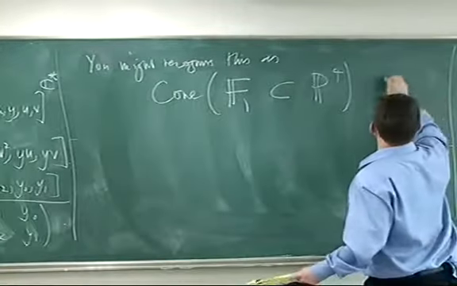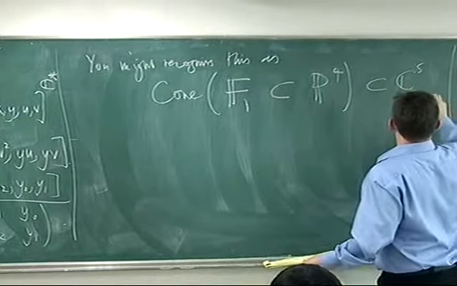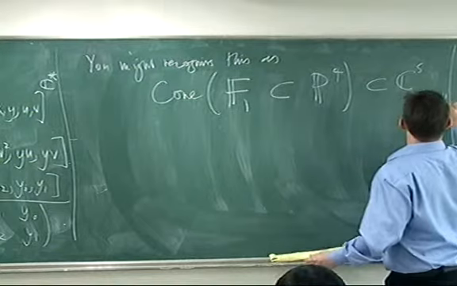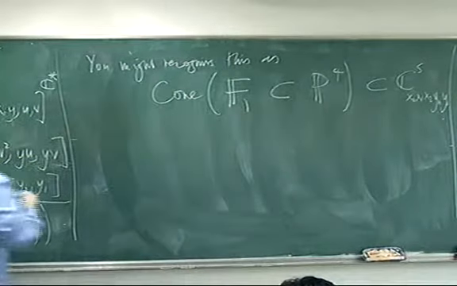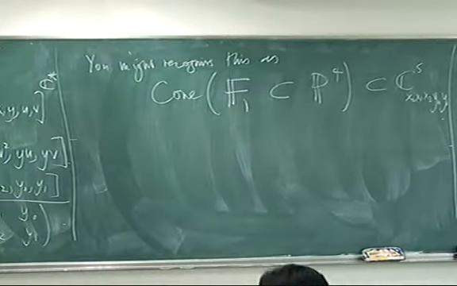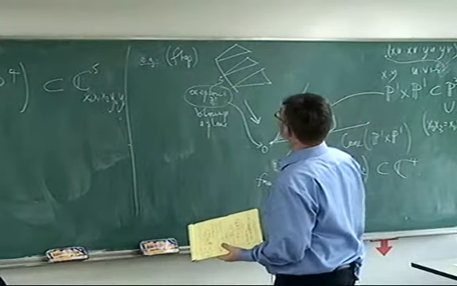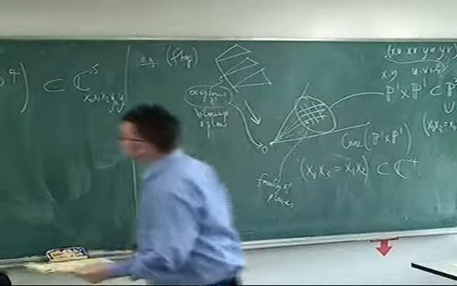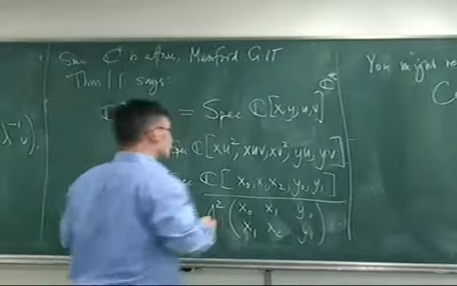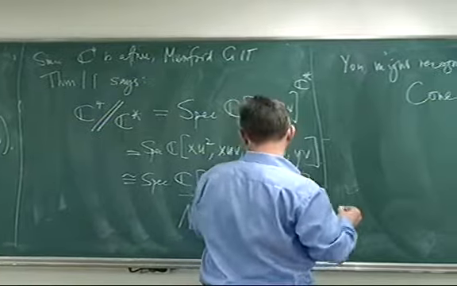So that's a cone sitting inside C5 with coordinates x0, x1, x2, y0, and y1. It doesn't matter whether you recognize that or not. But if you do, then it feels a little bit like this picture here. There's a family of planes that you could think about freeing up at the origin. That helps think about the geometry. But I want to do this slightly more coldly.